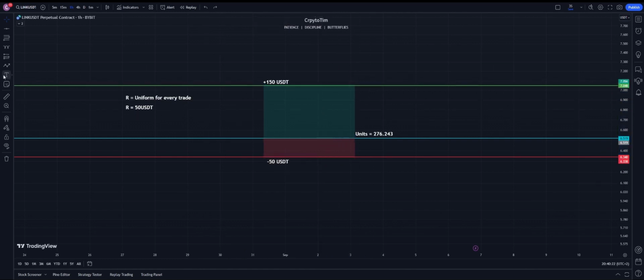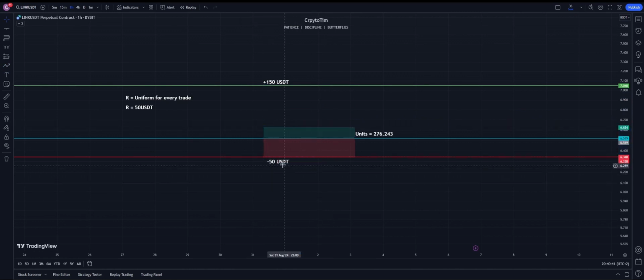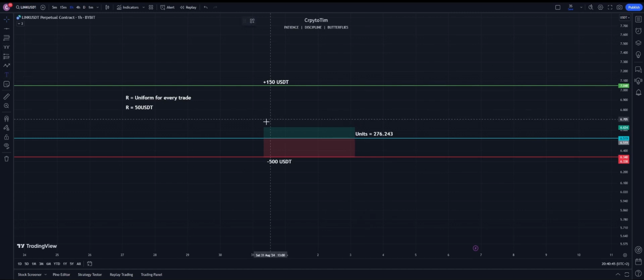Sometimes you see screenshots of people sharing, I'm making 1,000, 2,000 bucks in this single trade, but you don't know how much they risked. So you tell me if it's a good trade if they risked something like this: 500 bucks here to make only 250 USDT.